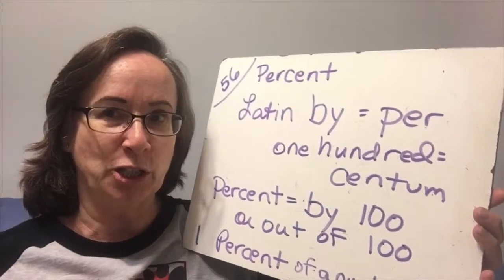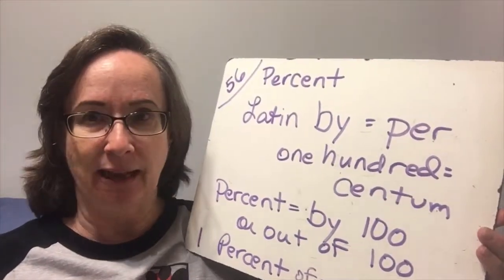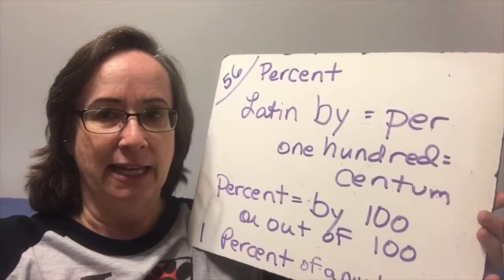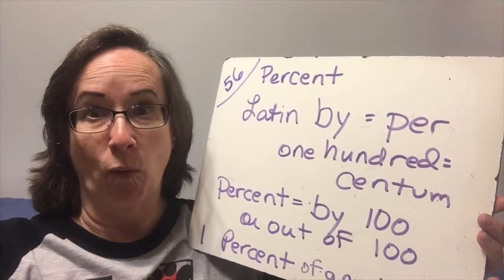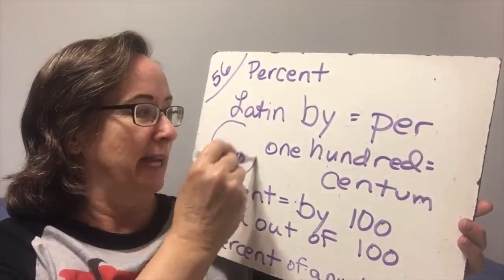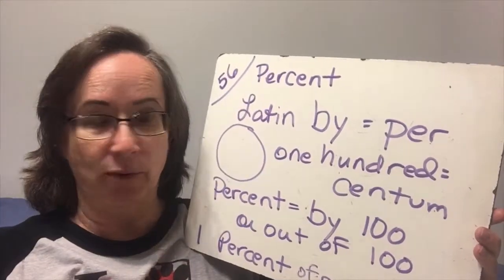If we were to take a pizza and divide it into 100 pieces, wow, that would take a long time, and everybody that ate pizza would not get very much, right?